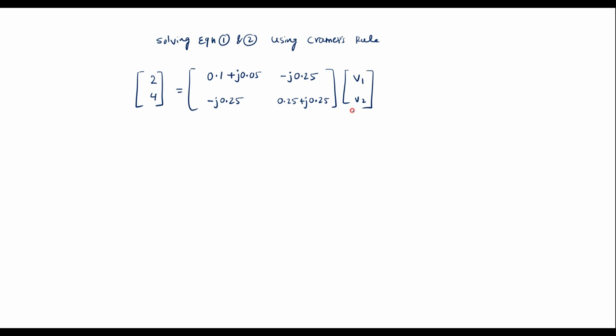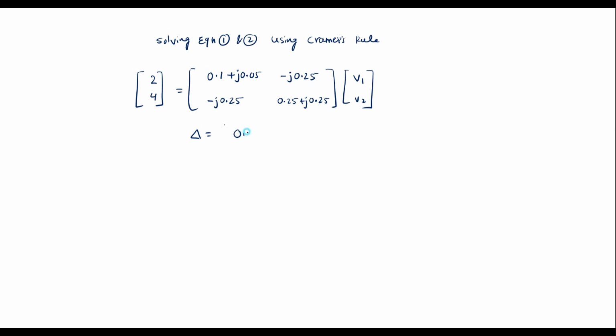To find V1, V2, first we are supposed to find the determinant of this square matrix. Let me find that, we will call it delta. Delta is nothing but the determinant of this matrix. That is, this term into this minus this into this.